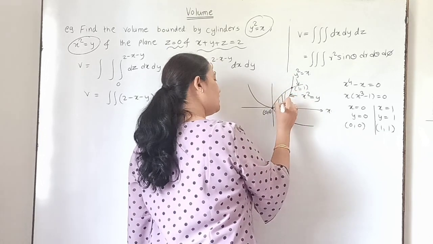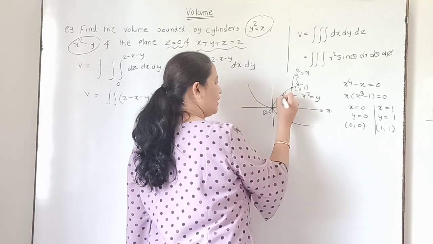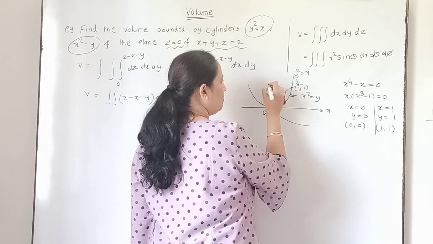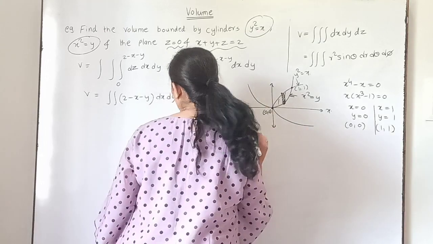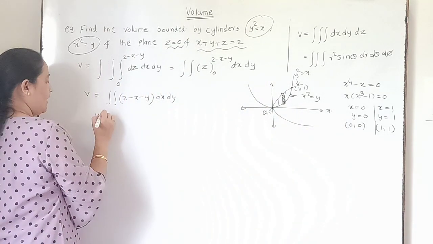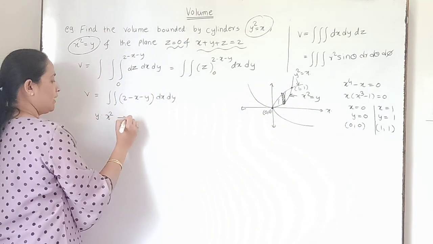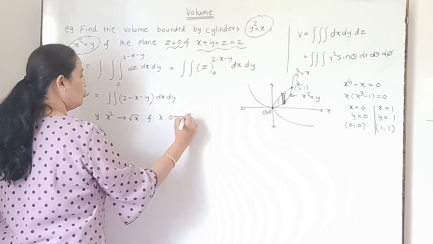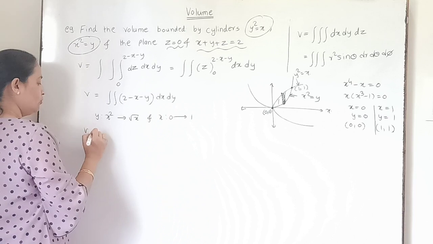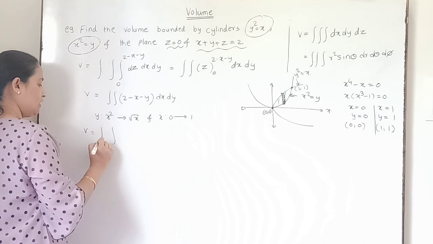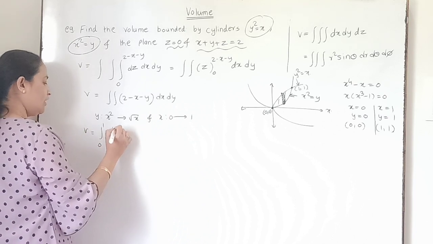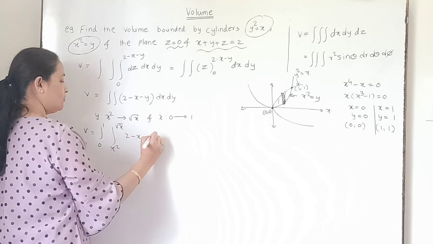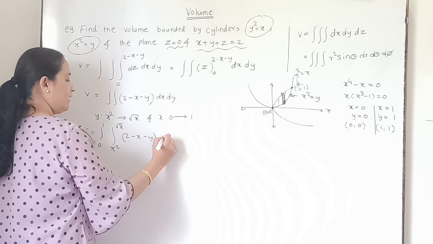Now in this, if I consider the vertical strip, its lower end will give us the lower limit, and its upper end will give us the upper limit for y. Now y varies from x square to root x and x varies from 0 to 1. So you have volume equal to x varies from 0 to 1, x square to root x, 2 minus x minus y dy dx.